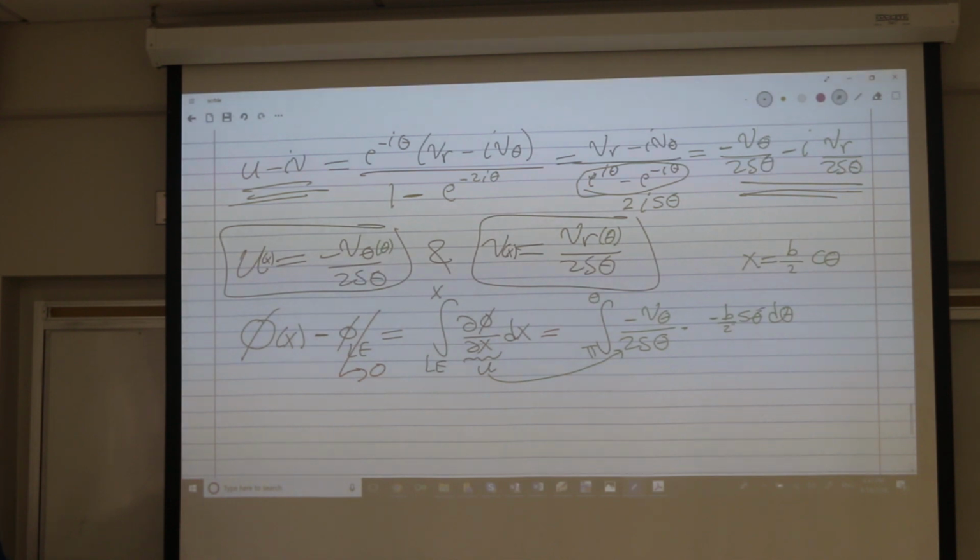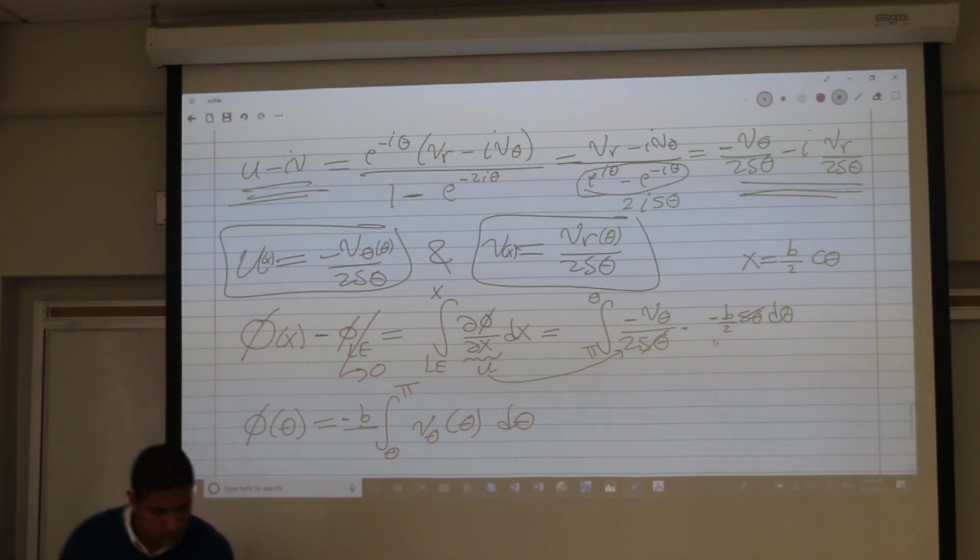So you can see that this guy goes away. And what else? I guess we're done here. So phi at any theta is the integral of, we have b, theta to pi, V theta of any angle d theta. And we have, I guess we're missing 2.